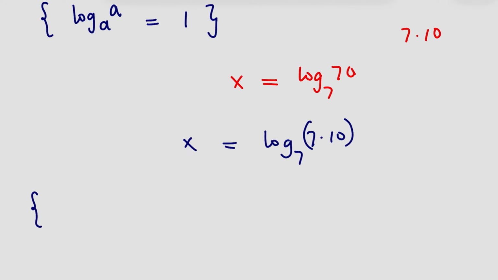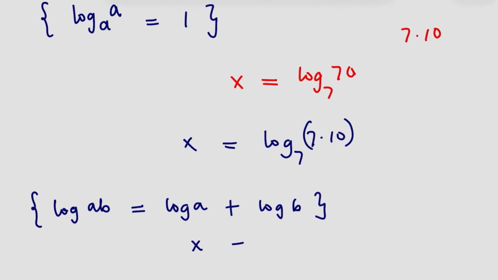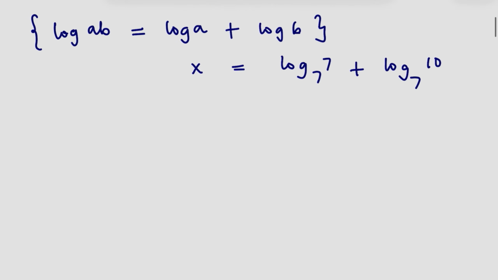And then we apply this law of logarithm. Log AB is equal to log A plus log B, giving us x is equal to log 7 base 7 plus log 10 base 7. And we did something like this earlier. This is simply 1. So we have x is equal to 1 plus log 10 base 7.